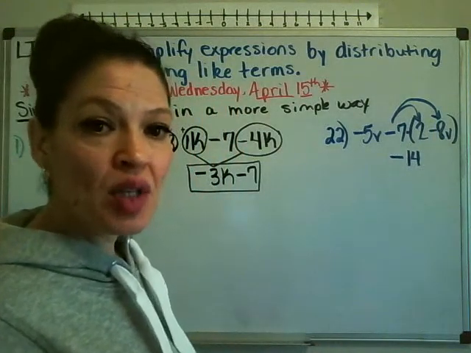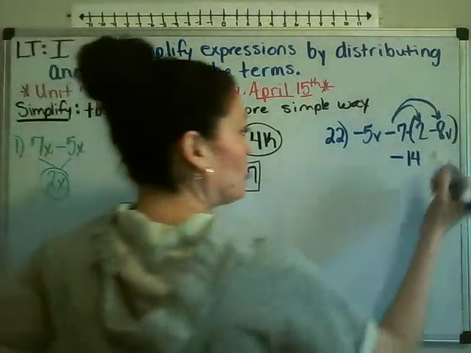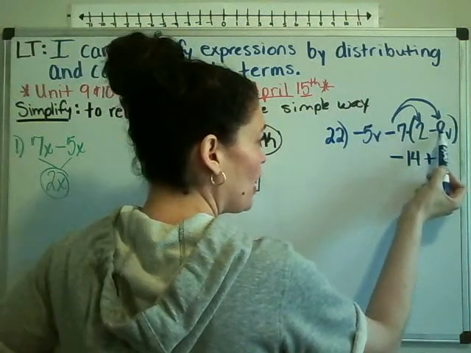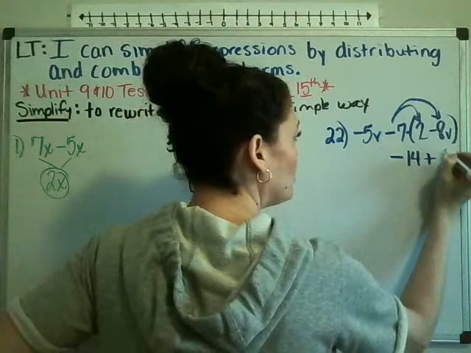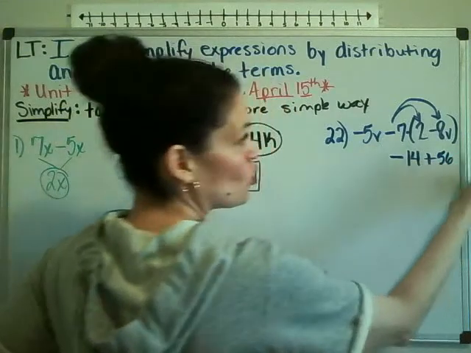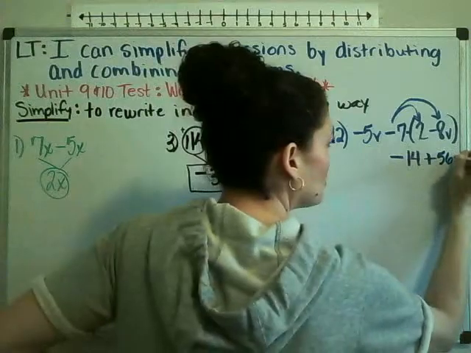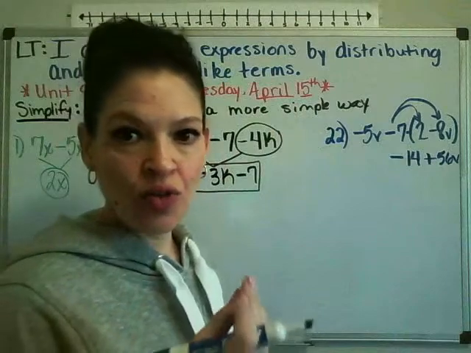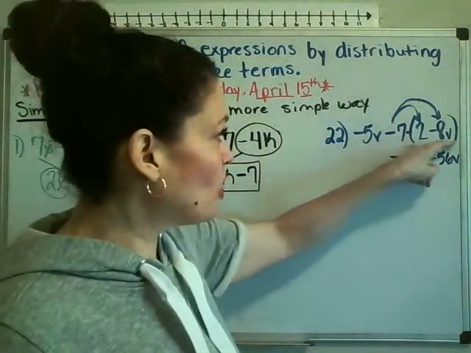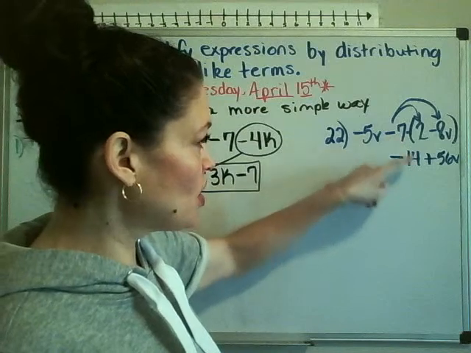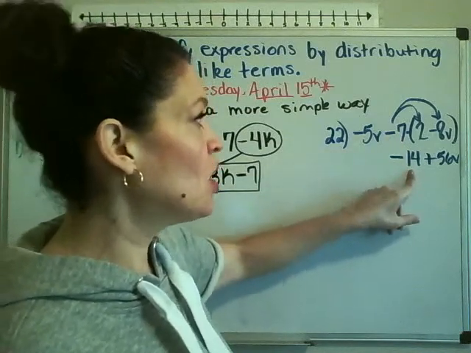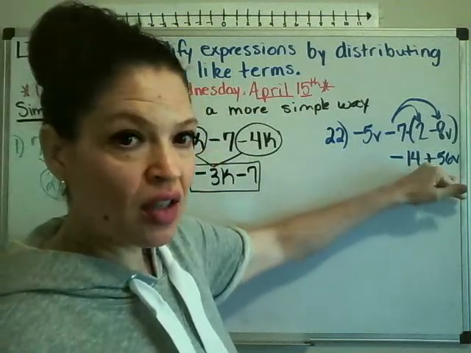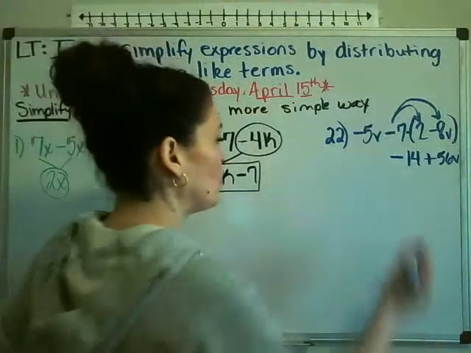Well, a negative times a negative is a positive, and 7 times 8 is going to be 56, and do not forget about your v. So the value for the inside of the parentheses, once we distribute it, is minus 14 or negative 14 plus 56v.